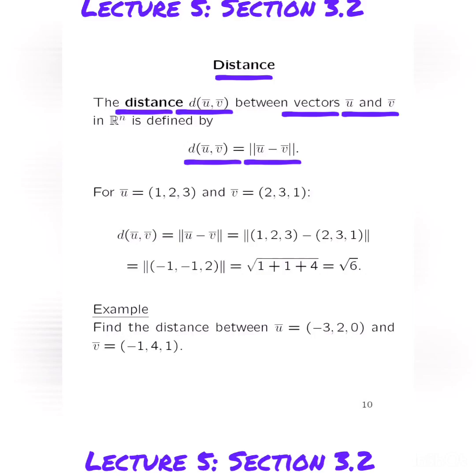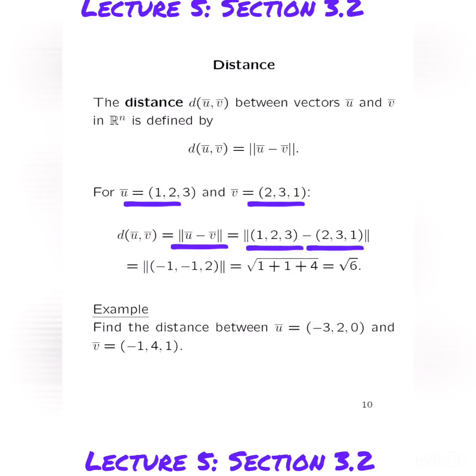So if you take that example, (1, 2, 3) and (2, 3, 1), it's easy to calculate the difference between those two vectors, u minus v. Then it's a straightforward application of the norm function to calculate the distance between the two vectors. So I'm leaving that example at the bottom of the page for you to do. It's a straightforward application.